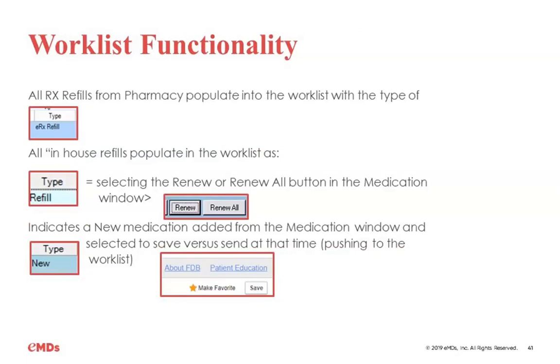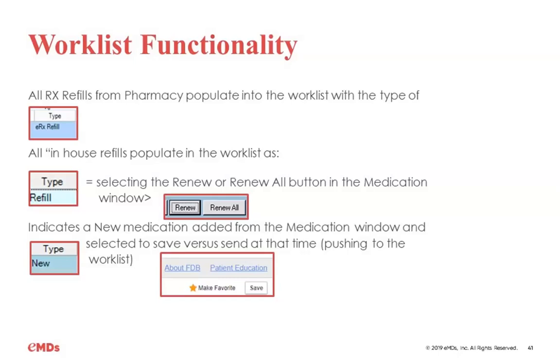In-house refills would be something that the staff has done from the medication window. Patient calls in and wants to get their meds. They've gone into the medication window, and they've either hit renew or renew all, one or the other. That's what's pushed those medications into the work list with a refill.